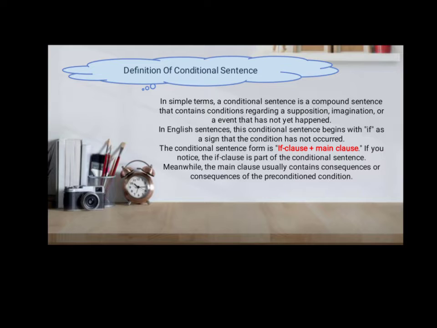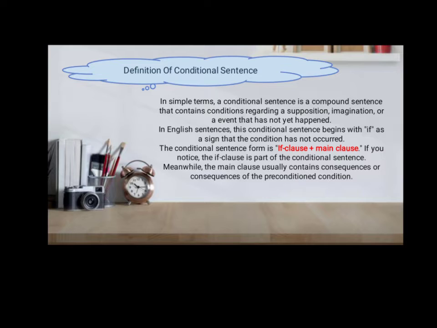A conditional sentence is a compound sentence that contains conditions regarding a supposition, imagination, or an event that has not yet happened. In English sentences, this conditional sentence begins with "if", a sign that the condition has not occurred.